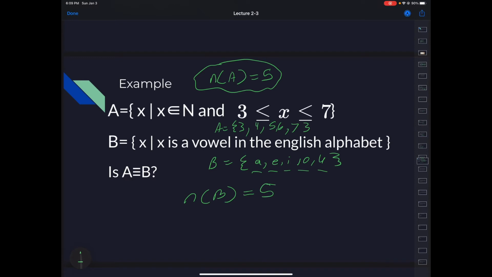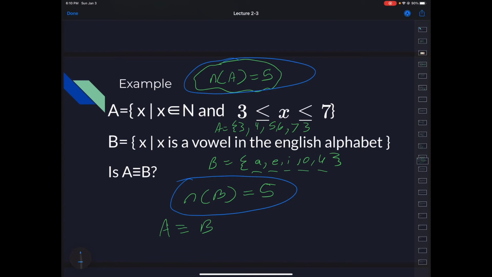There are 5 elements in that set. Two sets are equivalent if they have the same number of elements. Put those two things together, and we actually have that A here is equivalent to B. It's a weird notation thing. It's a wordy thing that you have to get used to. A is equivalent to B if they have the same cardinality, if they have the same number of elements. And we see that B has the same number of elements as A here. So A is in fact equivalent to B.